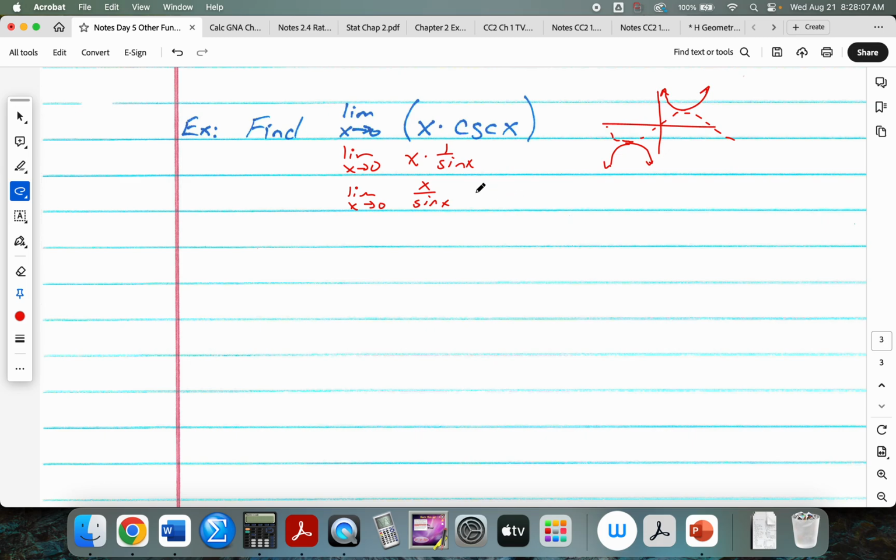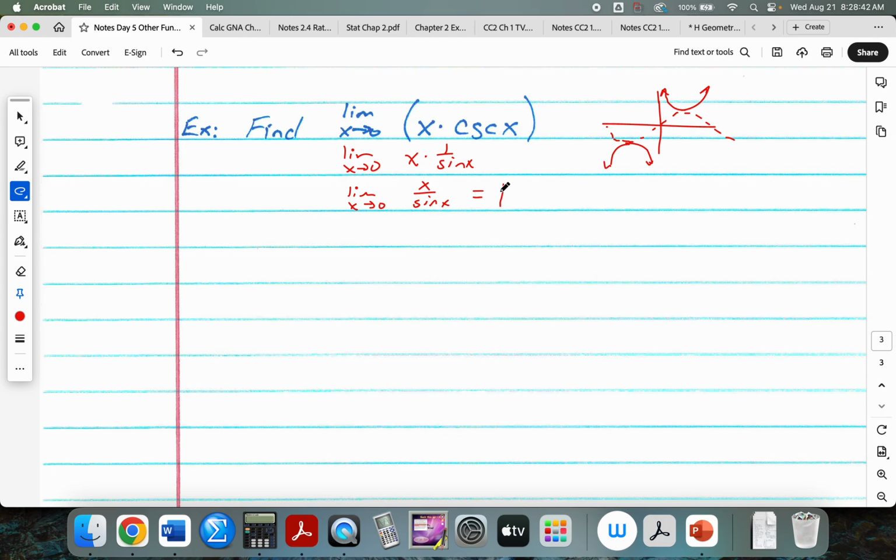Which goes to 1. Yeah, we keep coming back to that one. But sometimes you have to rewrite it so you can see that it's x over sine of x. So x over sine of x and sine of x over x are both 1? Yes, because if one of them goes to 1, its reciprocal should also go to 1. Makes sense.